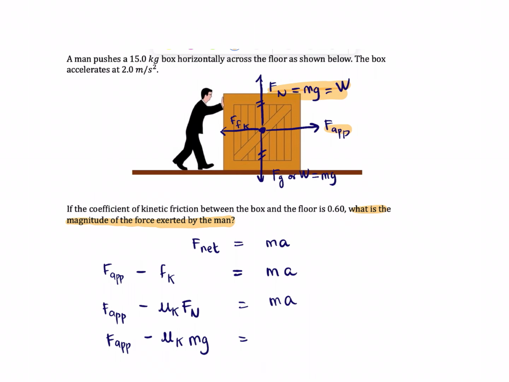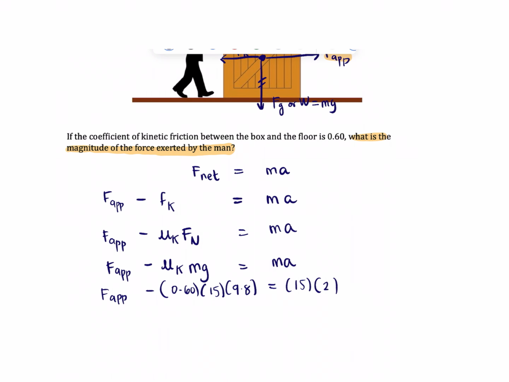All right, moving on to the equation, and this is equal to ma. Now we're ready to substitute our values. The applied force is what we need to solve for, minus the coefficient of kinetic friction, which is given to be 0.60, times the mass of the object, which is 15 kilograms, times the acceleration due to gravity, which is 9.8, is equal to the mass again of the object, 15 kilograms, times the acceleration of the object, which is 2 meters per second squared.